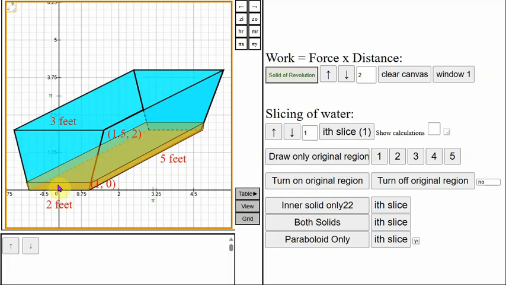And then for the width, we need the distance from here to this line right here. And therefore we need to know the equation of this line, so that we can figure out what the width of this slice number 1 is.